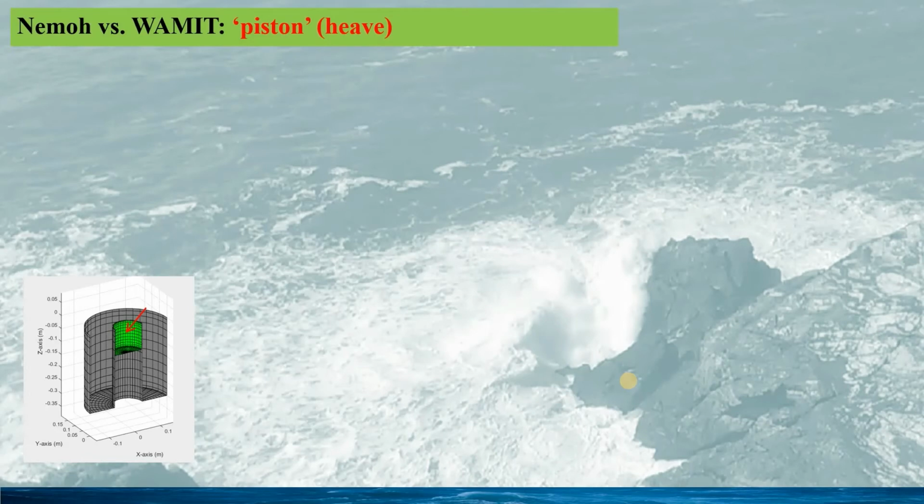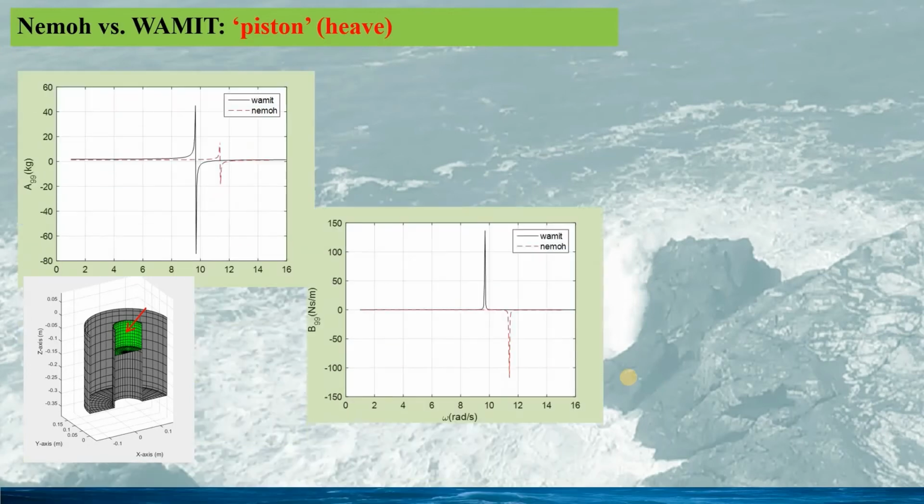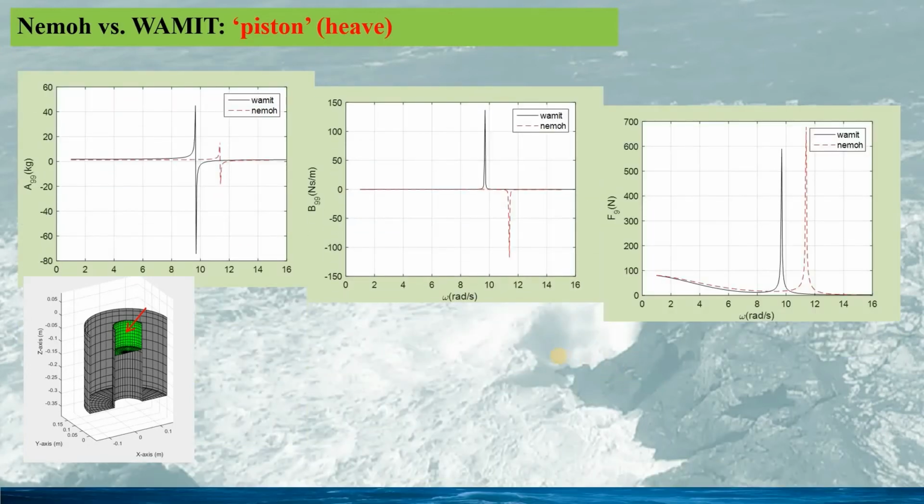In this slide, the hydrodynamic parameters for the piston are presented. Here, we can see very large spikes in the added mass, damping coefficient, and the wave excitation. Again, we can see there is a very large negative damping coefficient predicted by Nemoh, which is not correct in physics.